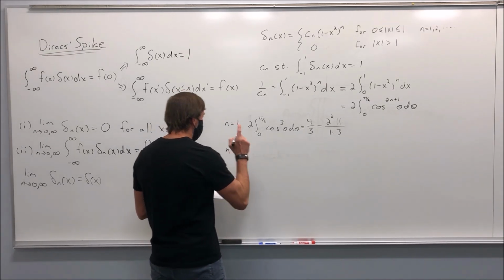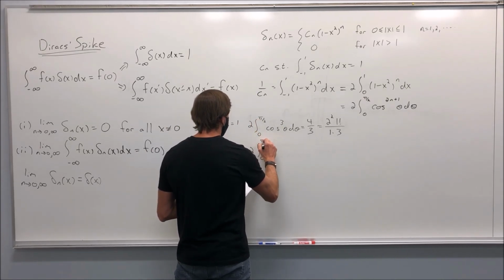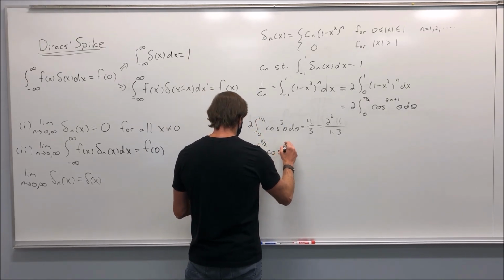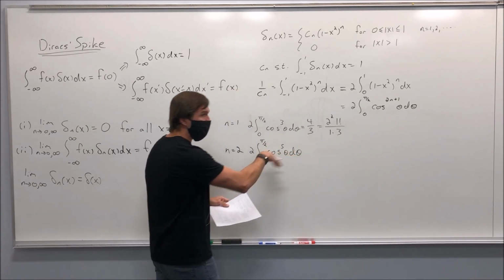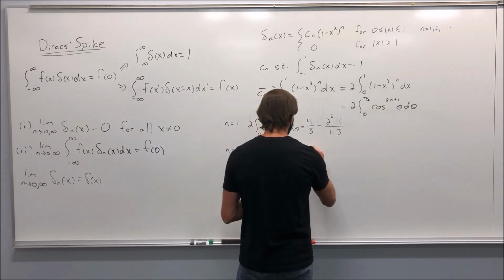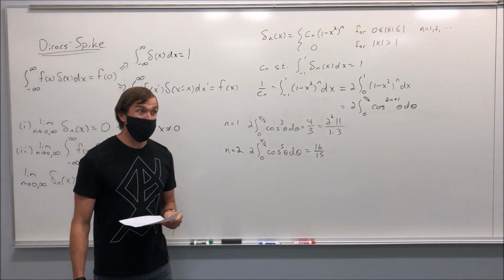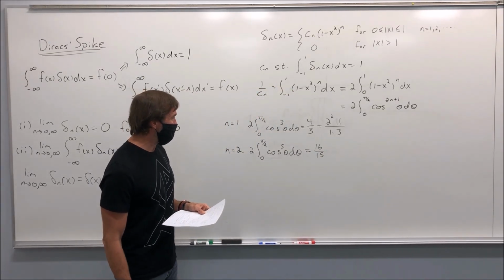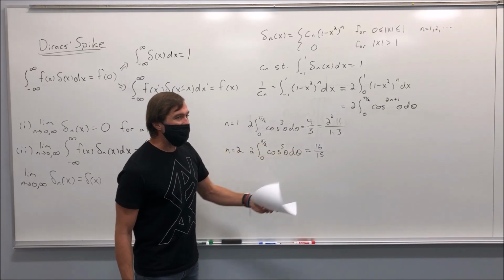Okay, I'm going to do n equals 2 real quick, and you'll see where I'm going with this in just a moment. So we're going to do the integral from 0 to pi over 2 of cosine to the 5th theta d theta. Again, I go through all of this in my notes, but I'm not going to do it here. This gives me 16 over 15. I know, you're looking at it, you're like, oh my God, that's basically this with some stuff.